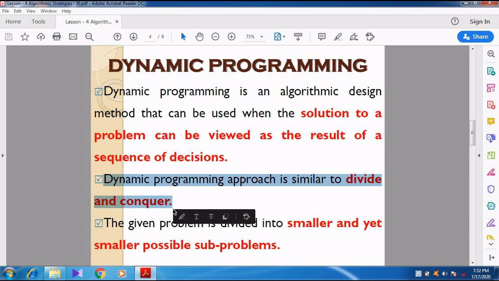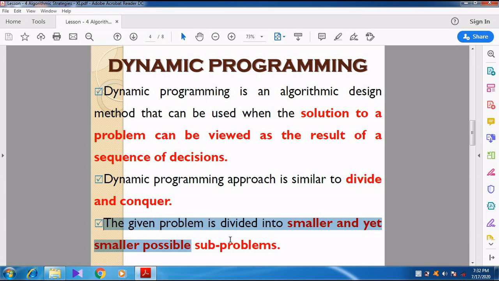Here, the given problem is divided into smaller and yet smaller possible subproblems. We take a bigger problem and try to divide it into smaller problems. Once we divide it, we can find the solution for each smaller problem.